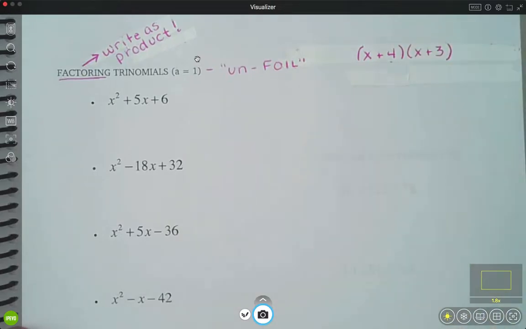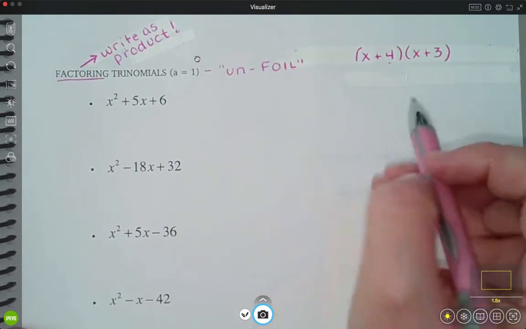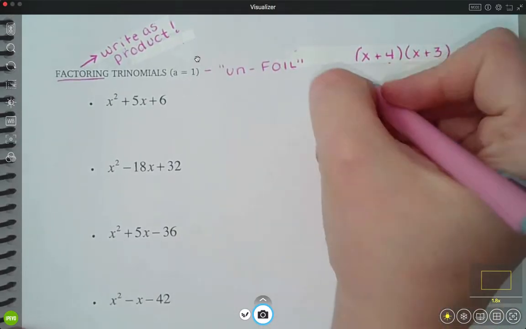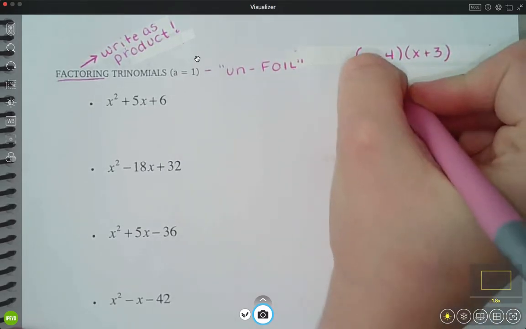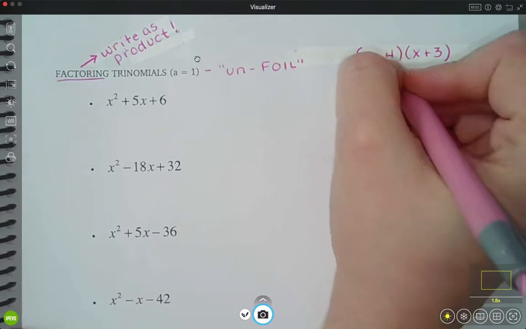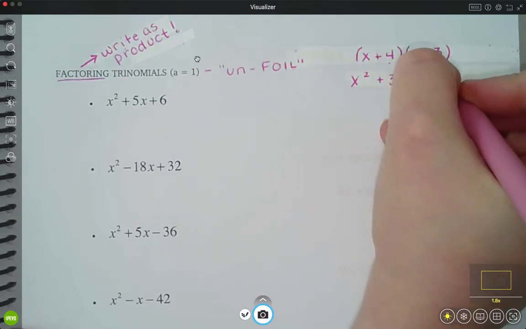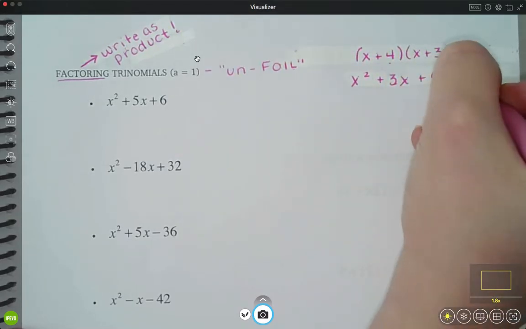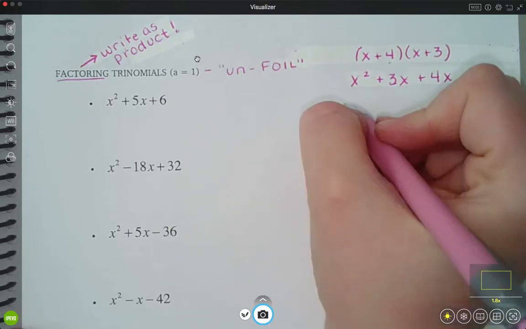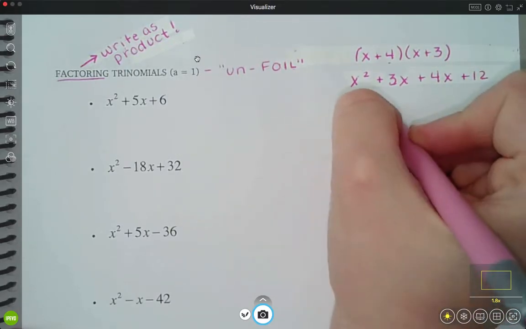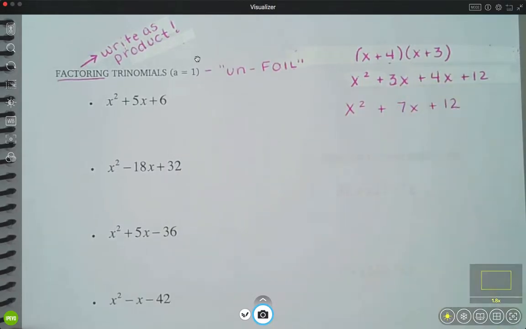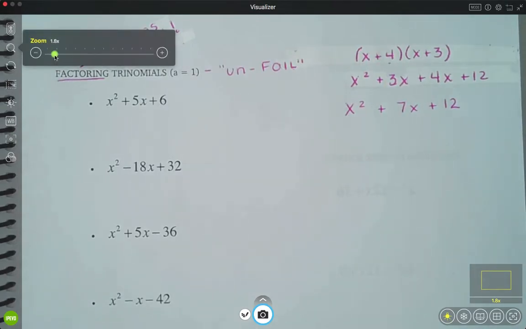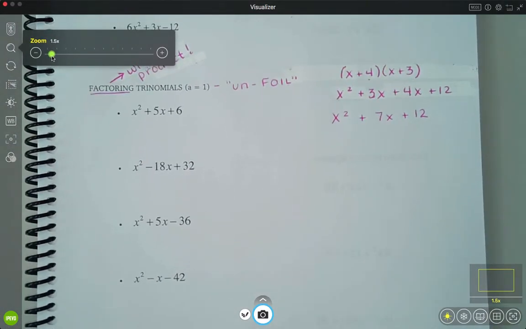And so when we multiply those two things together, we go x times x is x squared, and then we have 3x, and then we have 4x, and then we get 12, and then when I simplify that, I end up with x squared plus 7x plus 12. Okay? So today, and I'm going to zoom that out just a little bit because I realize my hand looks gigantic under that camera.